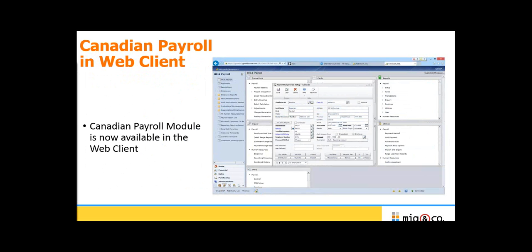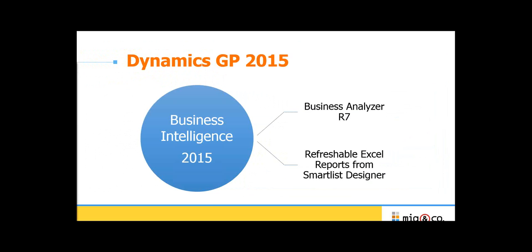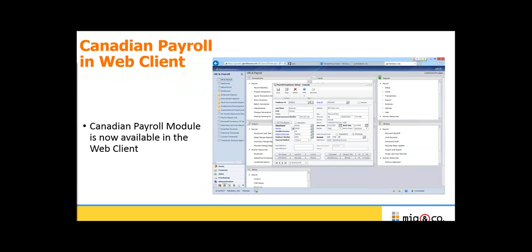The preparation of Canadian payroll reports is handled in here as well, and that includes standard reports for Canada, such as the ROE statements and the T4 slips. And lastly, the creation of customized checklists is available in that web client for monthly, quarterly, and yearly processing.